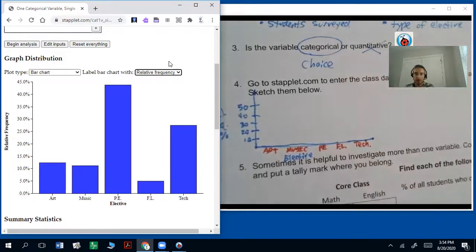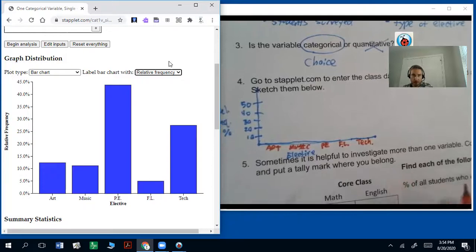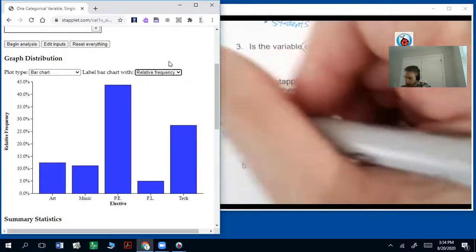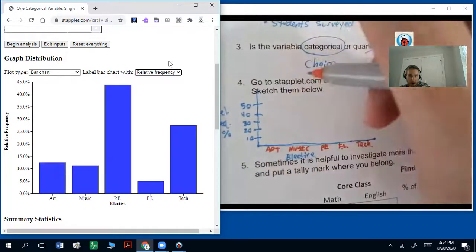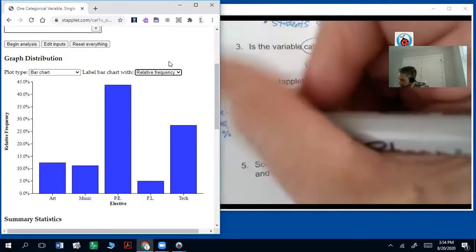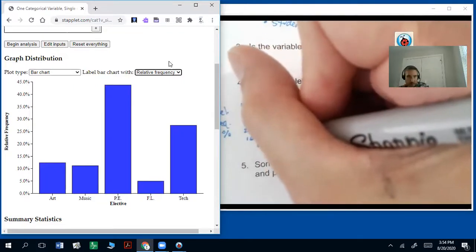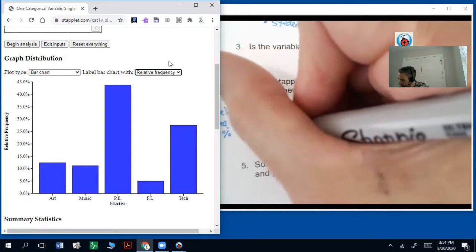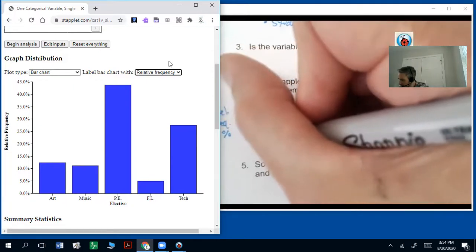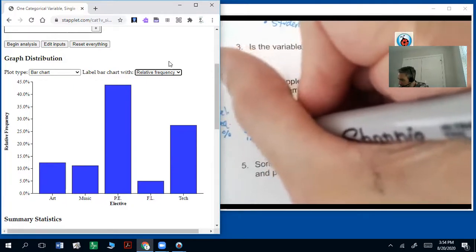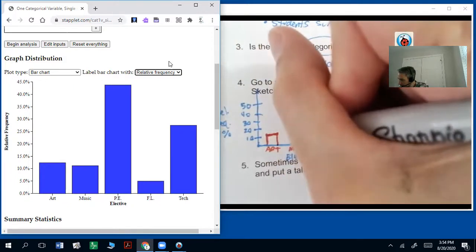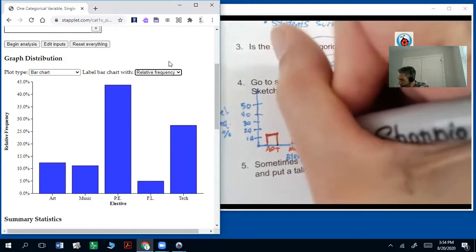You can color code it if you want, but just be very careful with your heights. We know that art and music are relatively similar, and it looks like art's between 10 and 15%. So this is 10, 20, 15. Art's going to be about there, and music might be just a shade shorter.